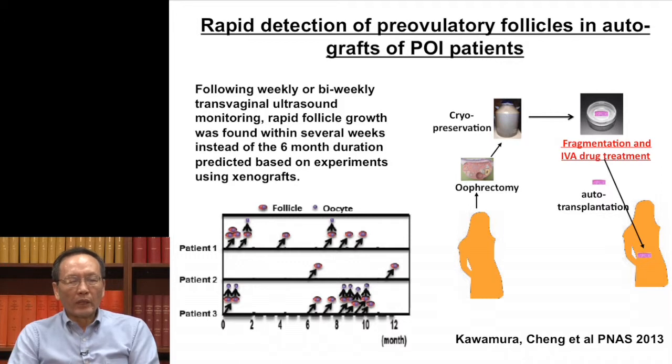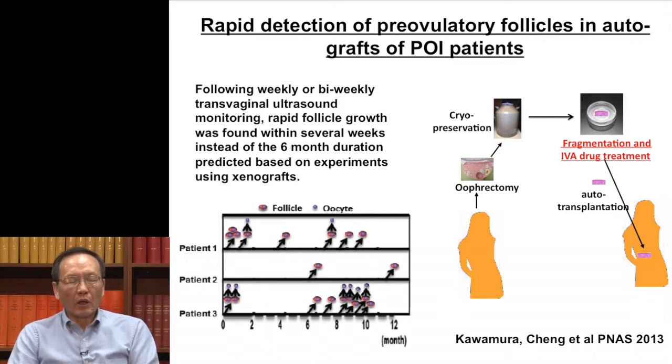That is, if we can have patients who have reached menopause very early in life, but they still have primordial follicles, maybe we can activate those follicles, and then we can monitor the follicle growth and eventually get the oocyte.